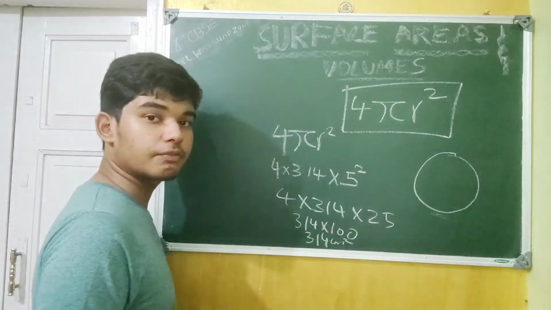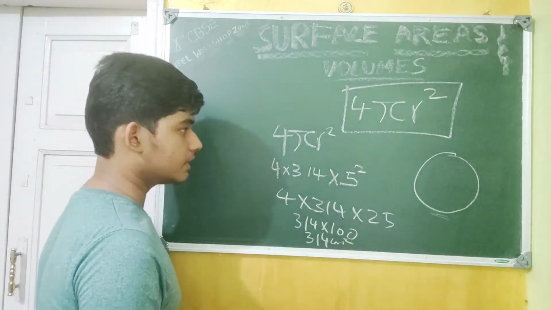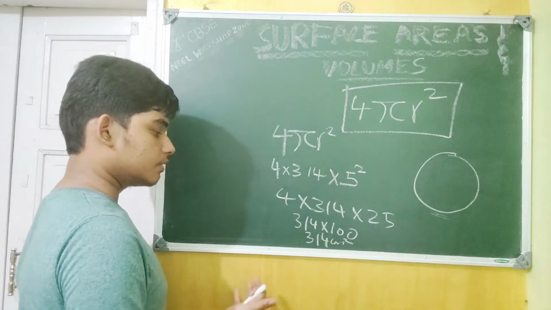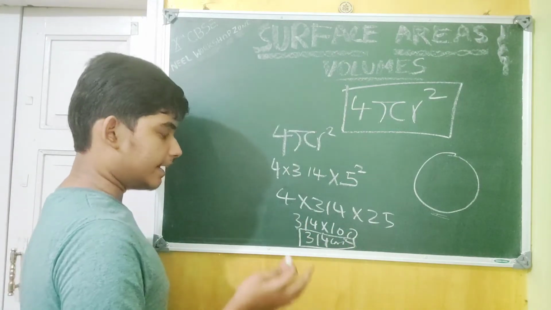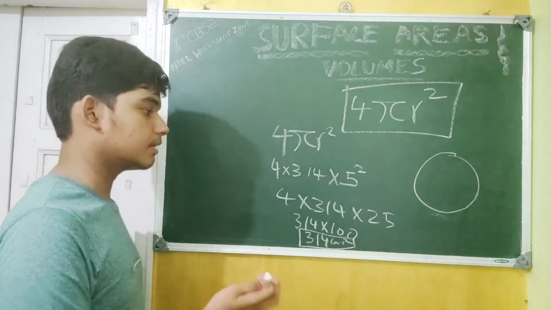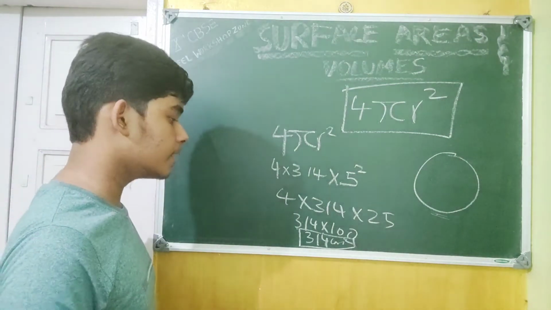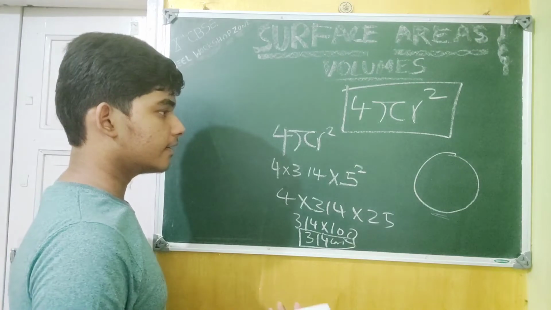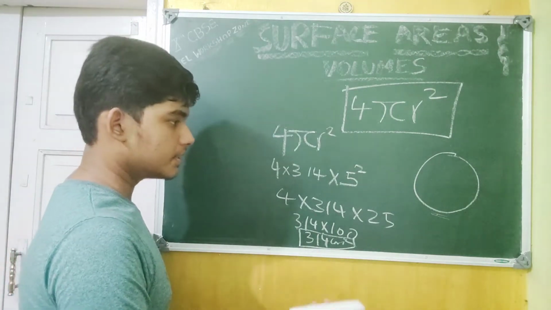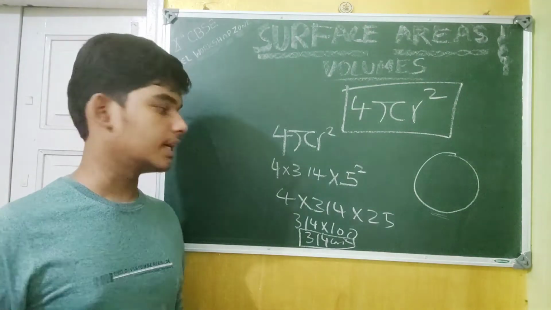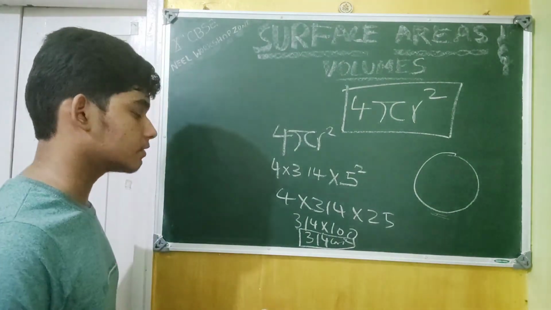So this is how we can find out the total surface area of a sphere. The total surface area over here is 314 centimeters square, and since, like I said, the total surface area and the curved surface area are the same, the curved surface area and total surface area of a sphere with radius 5 centimeters is 314 centimeters square.